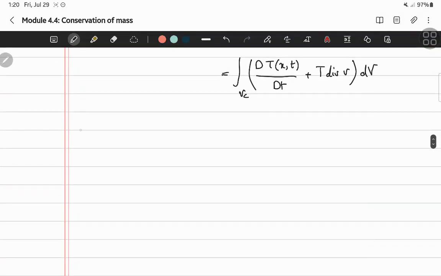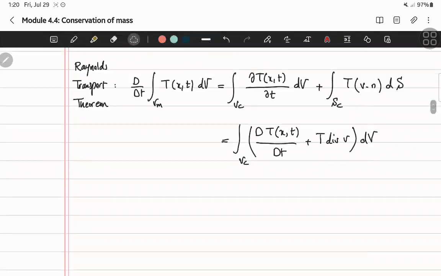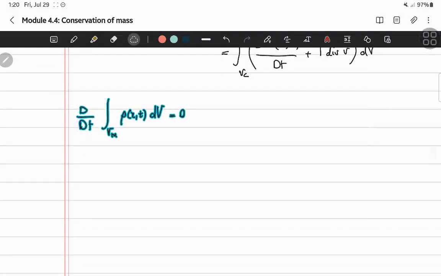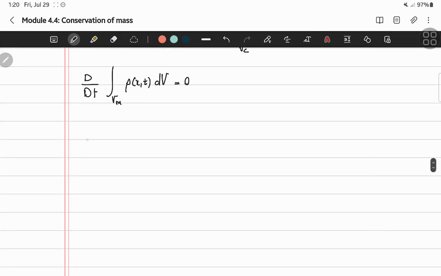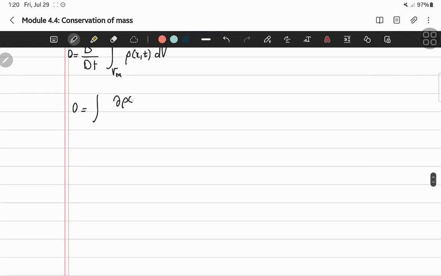So 0 is equal to the integral of the partial derivative of rho(x,t) with respect to t dv over vc, plus the integral of rho v dot n ds over sc.